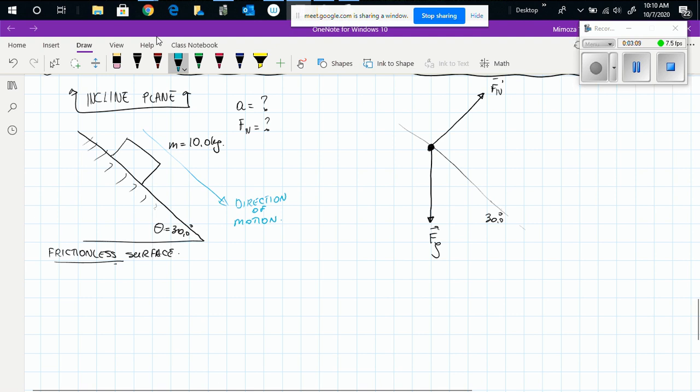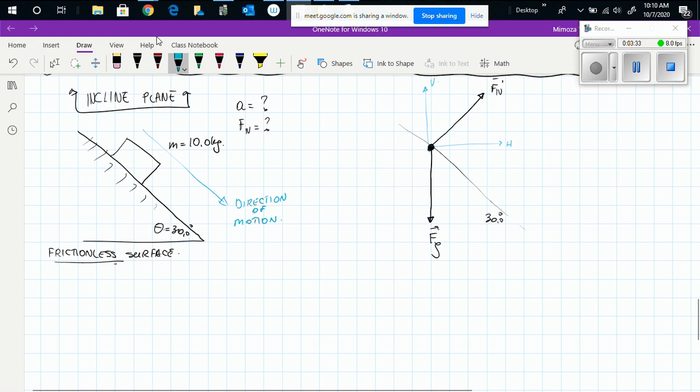So now, this is the time when we rotate the axes. Normally what we have seen is the horizontal axis and the vertical axis, the X and Y axes that we have seen in math.